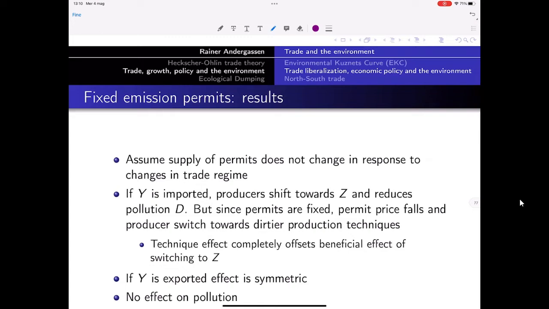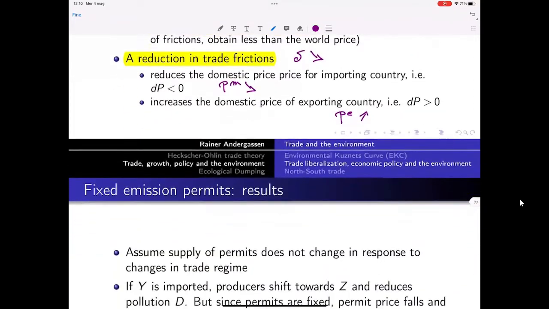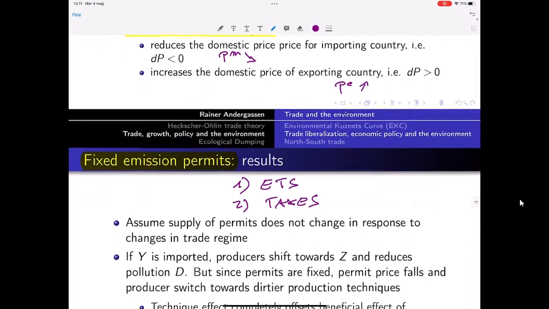One is fixed emission permits, so it will be the emission trading system, and two is taxes. We're going to study these two cases.